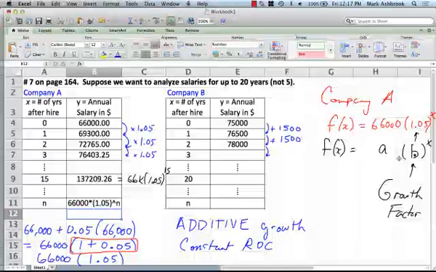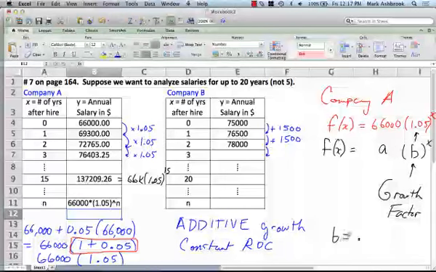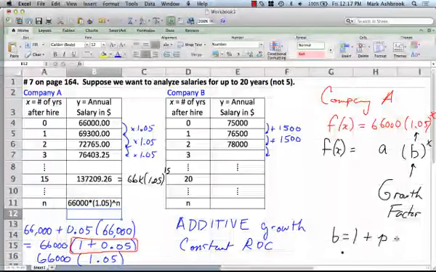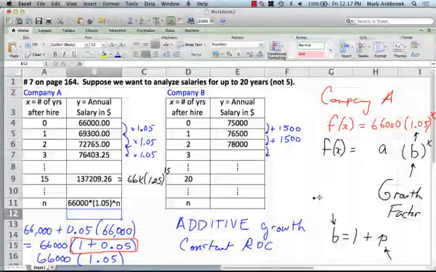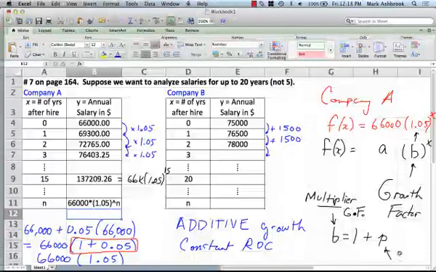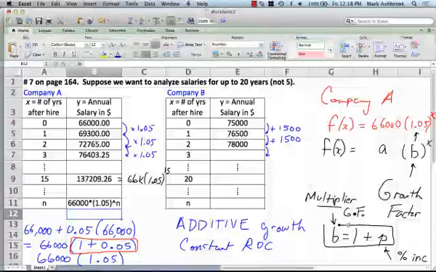Okay, so this b we want to write as 1 plus p, because b is the multiplier, and the p represents the increase or the percent change. So the growth factor is the multiplier, and p is the percent increase. We want to think of that b value as keeping what you had before plus the amount of increase, p.